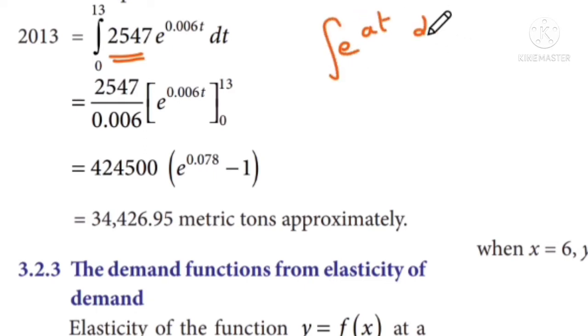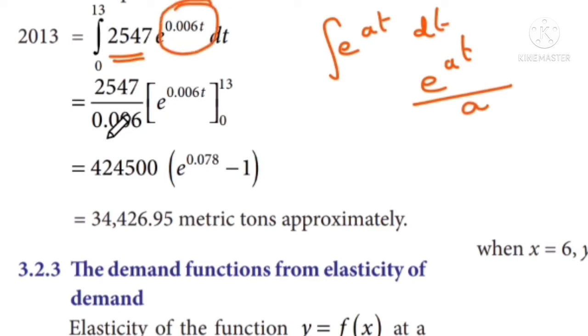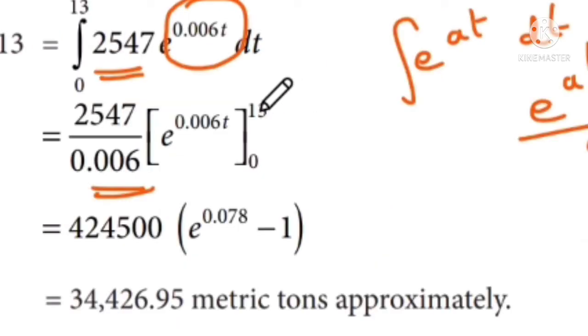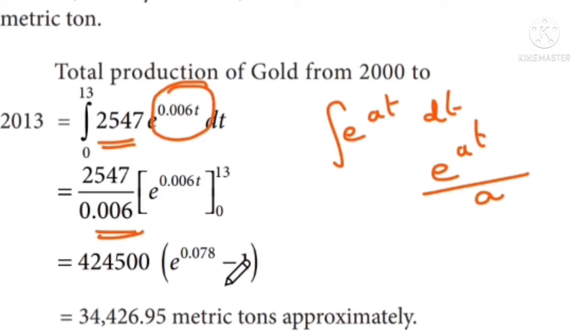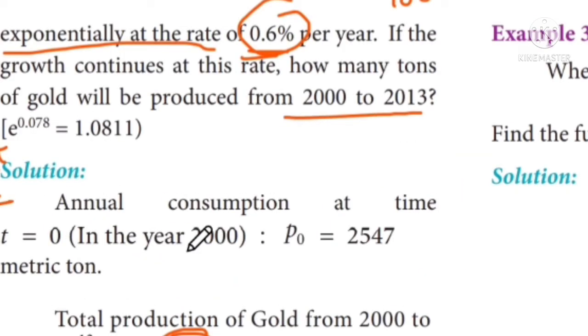If you integrate this, integration of e power at is e power at divided by a. So e power this, divided by this constant 0.006. Apply the limit 0 to 13. So e power 0.006 into 13 is e power 0.078, minus 1. Now e power 0.078 value is given as 1.0811.